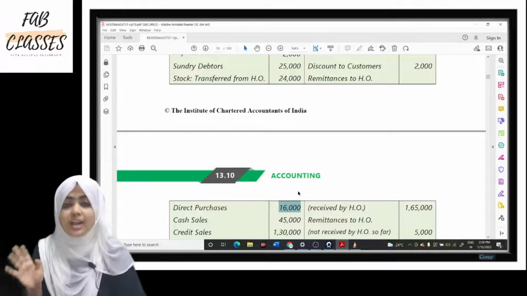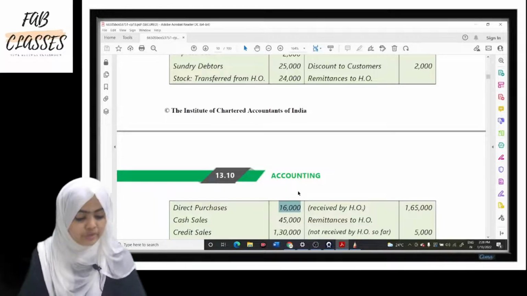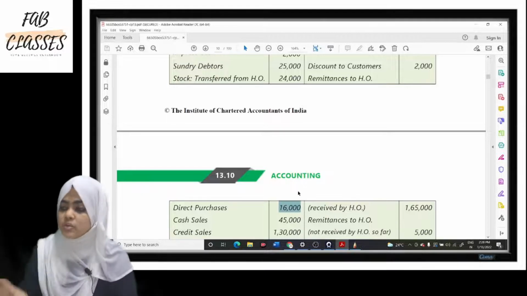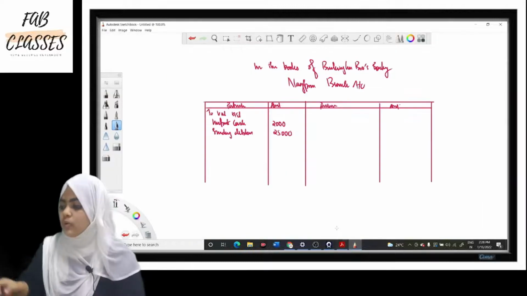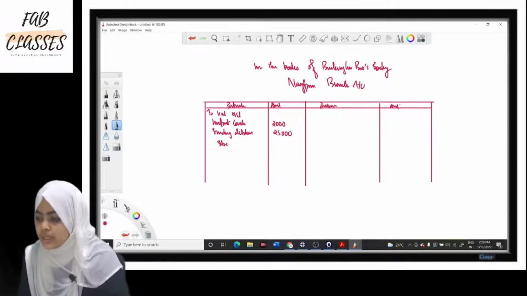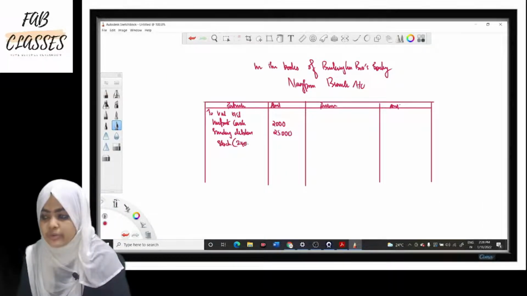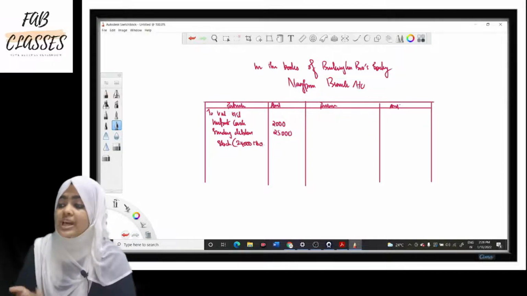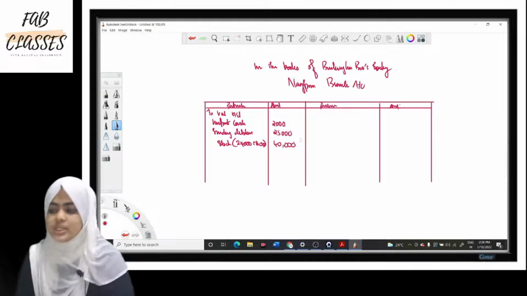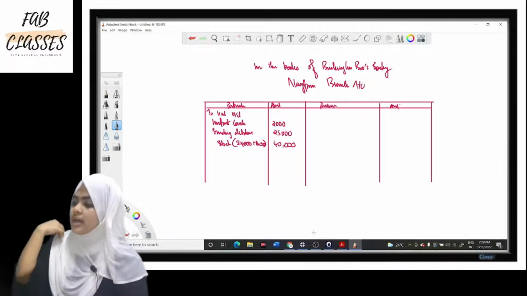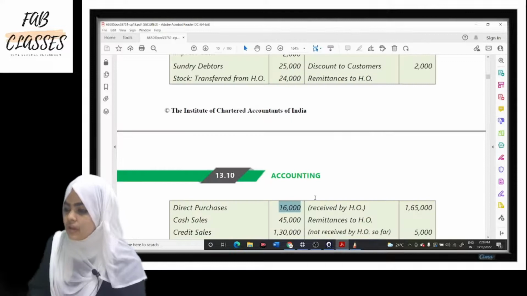So the total opening balance of stock would be 24,000 plus 16,000, that is 40,000, in the branch accounts. Am I right? Yes. That would make 40,000.